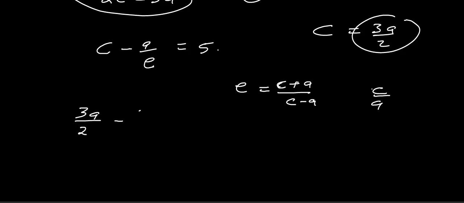I was supposed to multiply throughout by E, so this is supposed to be A alone. Because E is C over A, that's going to be A over C, is equal to 5.